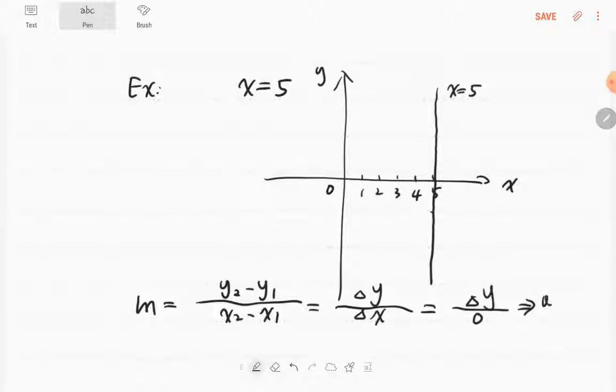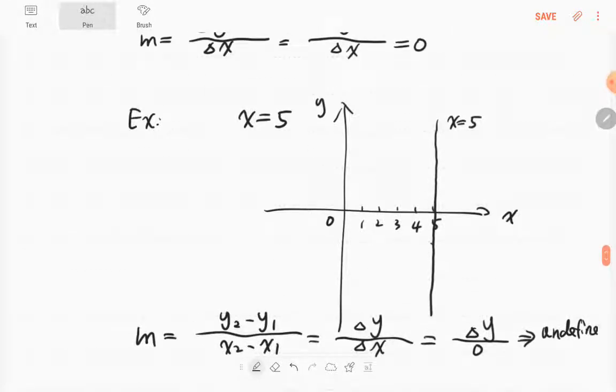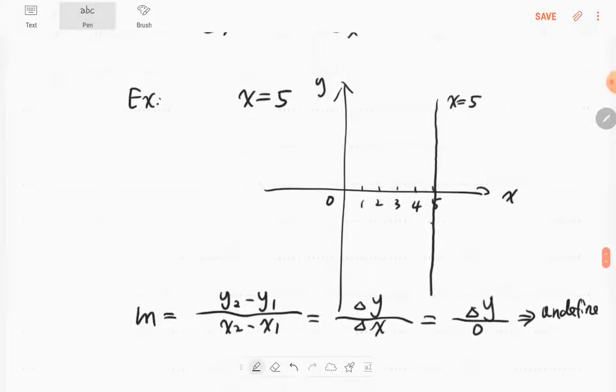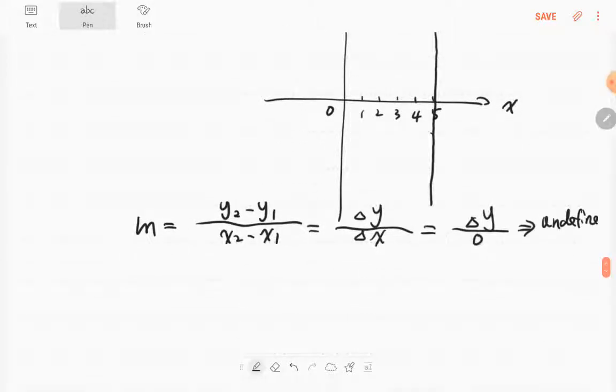We will say this is undefined, because the denominator cannot be 0. If the denominator is 0, then it's an undefined number. This vertical line is x equal to 5. And for any vertical line, the slope is undefined.